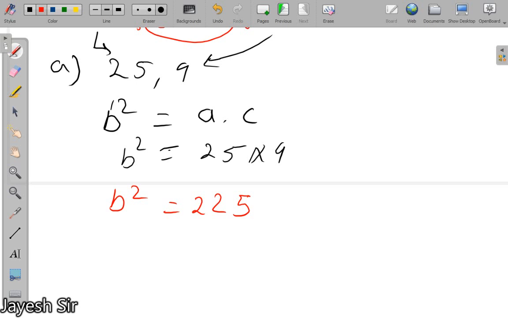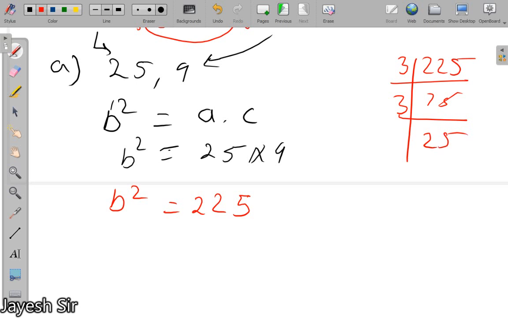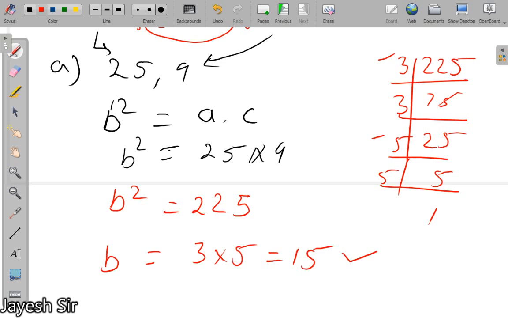So finding the square root of 225, we have already learned about squares and square roots. So the value of B should be equal to 3 into 5, that is 15. In this manner you can try rest of the questions.